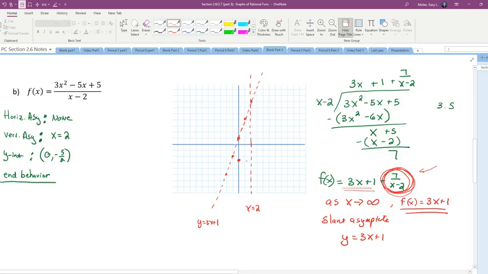I might have some zeros. I have not figured that out yet. So I need to figure out when 3x squared minus 5x plus 5 equals 0. I'm just going to use the quadratic formula. So I'm going to get 5 plus or minus the square root of b squared, so 25 minus 4 times 3 times 5.